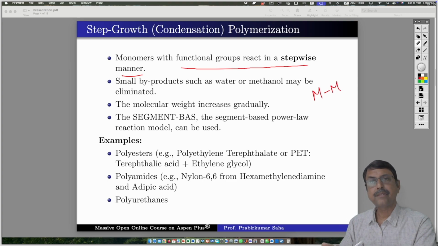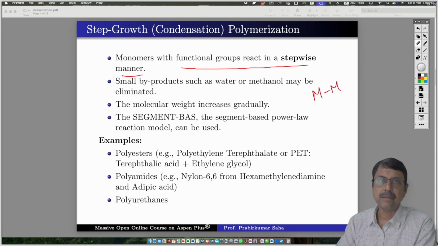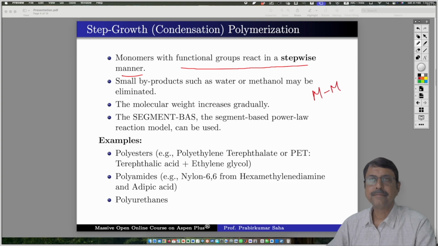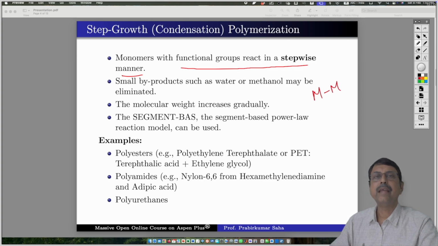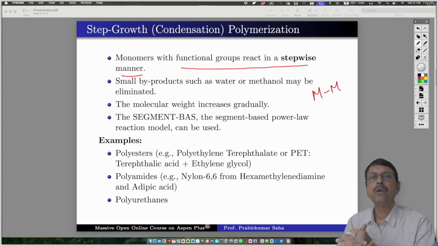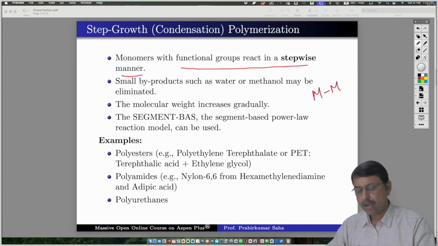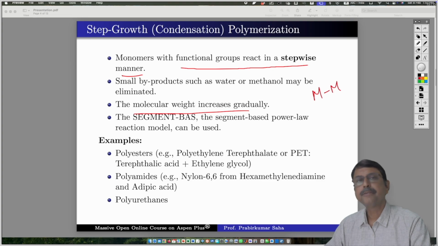Then dimers will start reacting with another dimer and they will produce a trimer. That way the monomer will become a dimer, the dimer will become a trimer, the trimer will become a tetramer, then pentamer, then hexamer. So depending upon the number of monomers attached, the size of the molecule will increase along with its molecular weight.